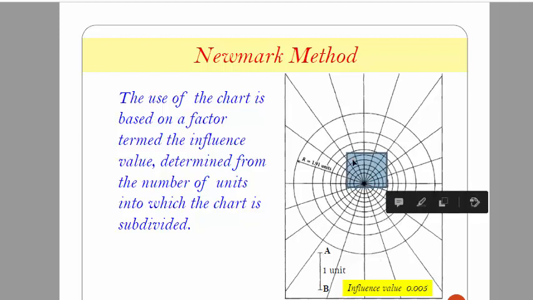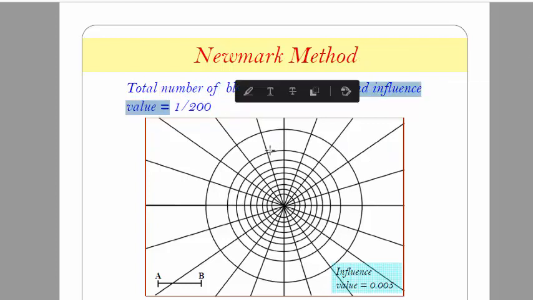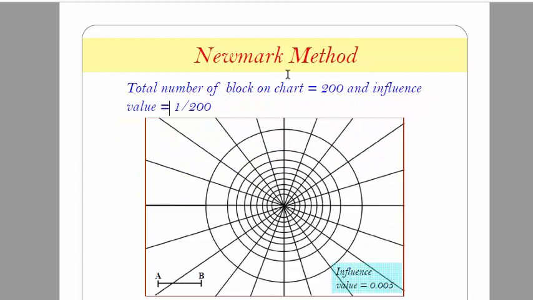Whatever areas are covered in the chart, calculate them by counting the blocks, 1 2 3 4 5 like that, and count the number of blocks responsible for introducing the vertical stresses. The total number of blocks in the chart is 200 and the influence value is 1 by 200. So how do we calculate the influence value? Suppose the blocks are 300, the influence value is 1 by 300. So 1 by 200 is 0.005.